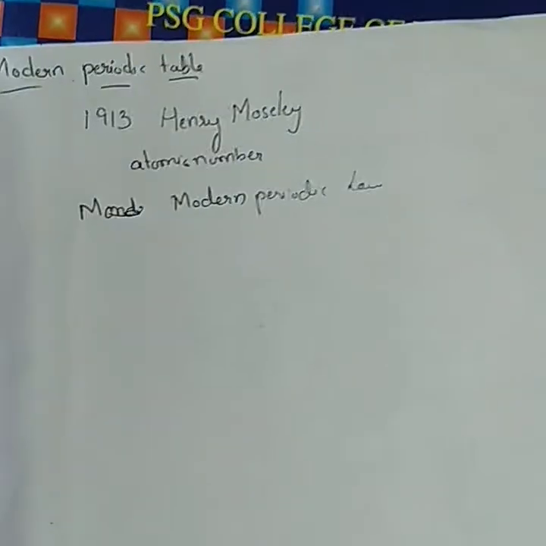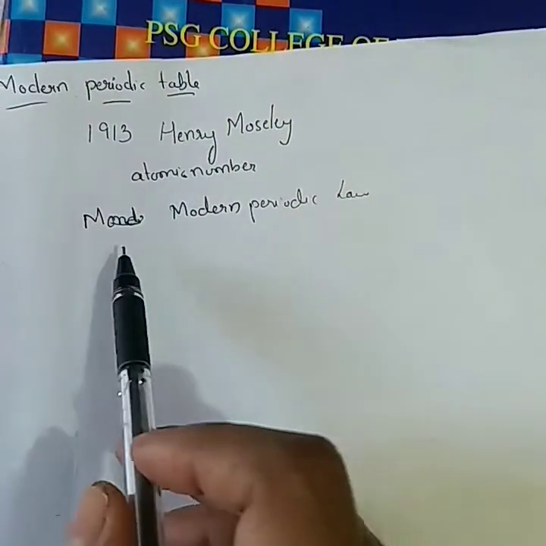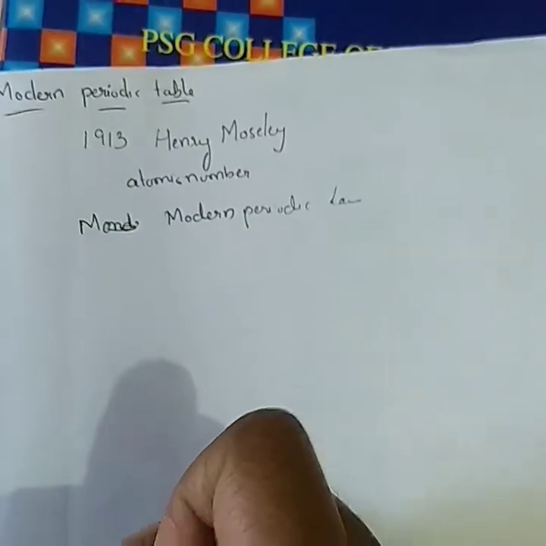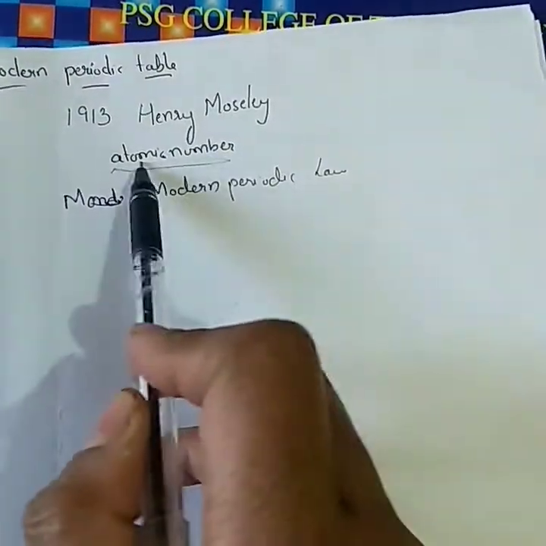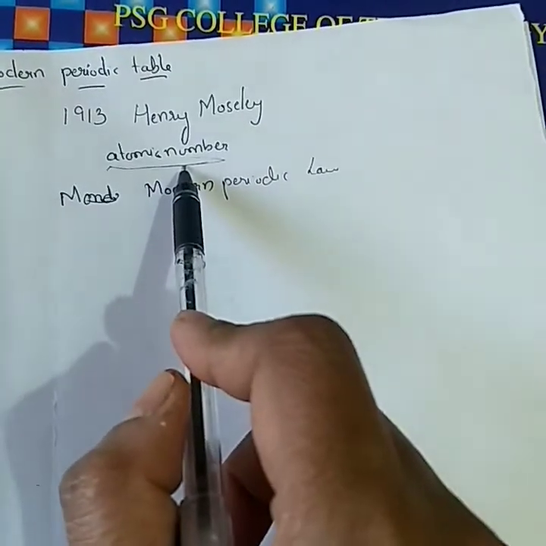According to the modern periodic law, the properties of the elements are a periodic function of their atomic number.